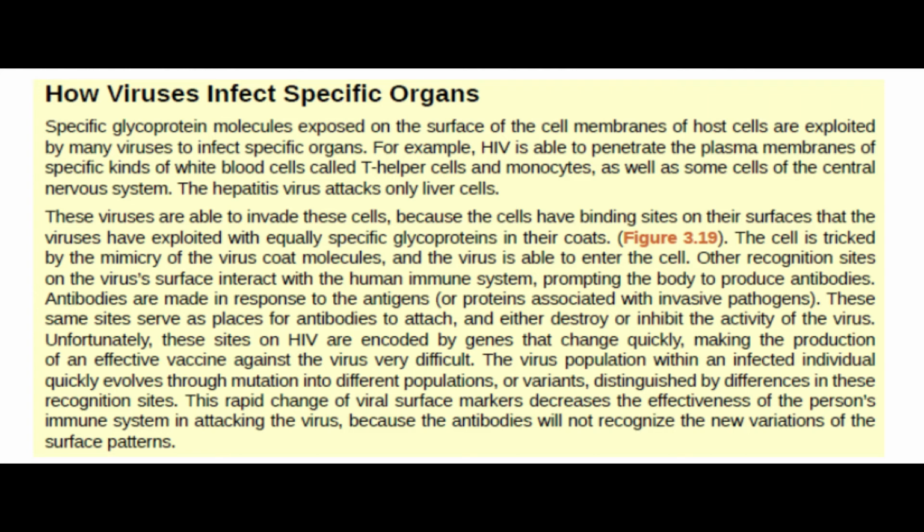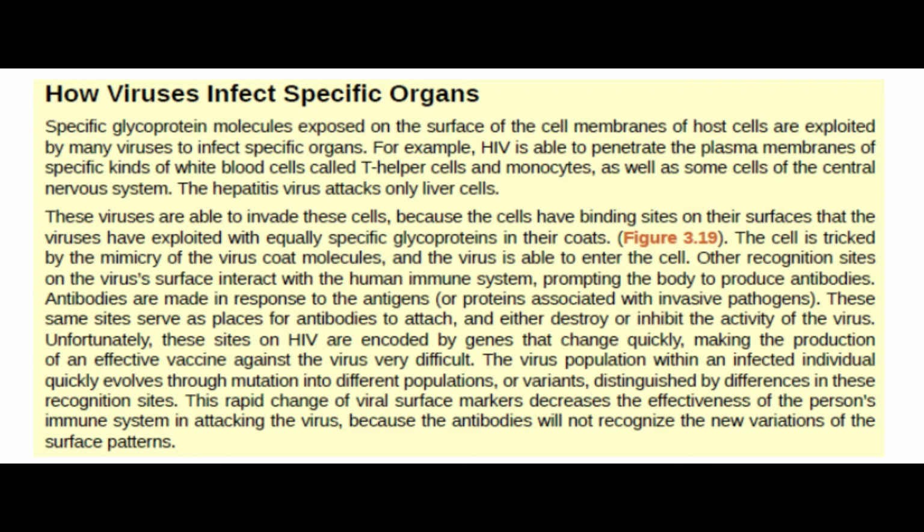Other recognition sites on the virus's surface interact with the human immune system, prompting the body to produce antibodies. Antibodies are made in response to the antigens or proteins associated with invasive pathogens. These same sites serve as places for antibodies to attach and either destroy or inhibit the activity of the virus.